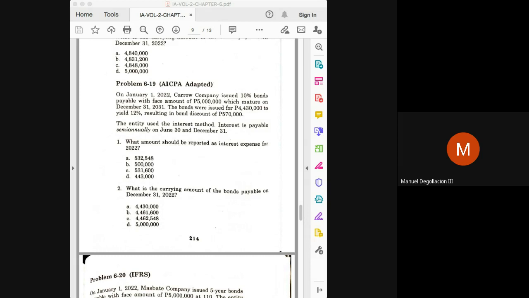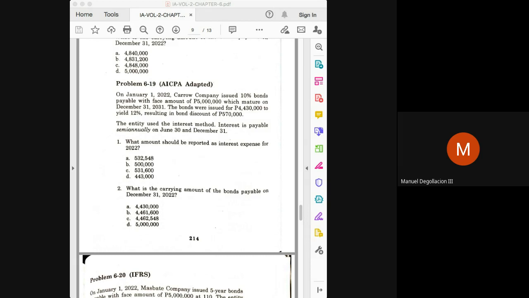Okay, so 5 million face amount minus the updated, unamortized balance of the discount of 537,452. The carrying amount would be 4,462,548.